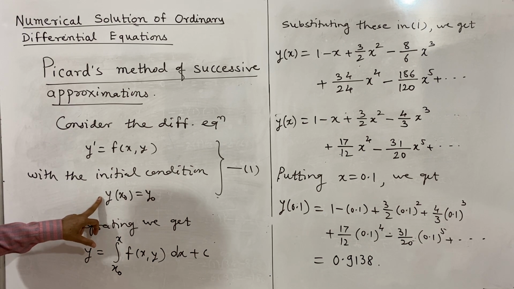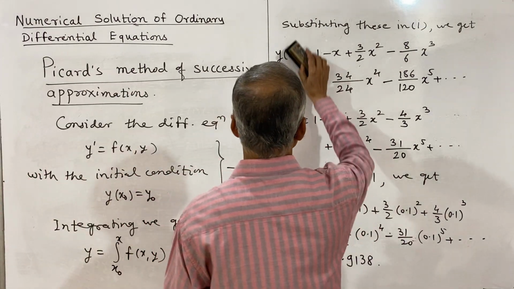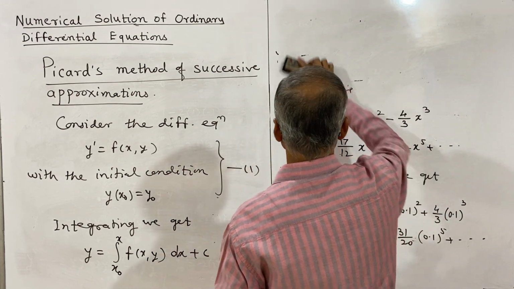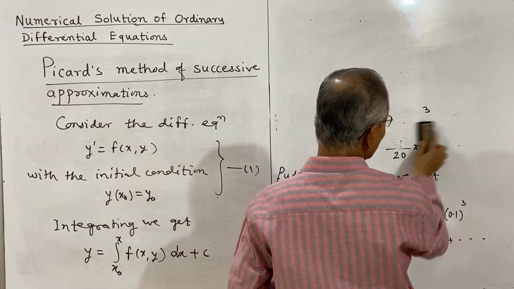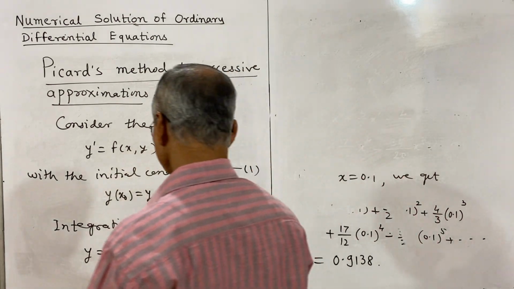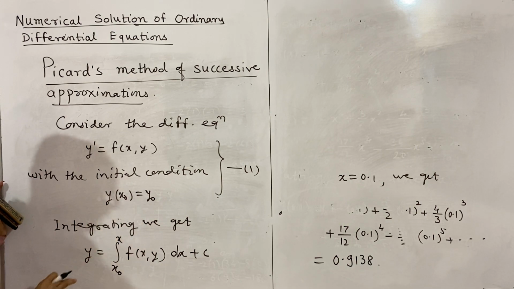So the initial and boundary conditions given are used to obtain the values of the arbitrary constants obtained in the process of integration. Using this condition, when x is x naught, y is y naught.